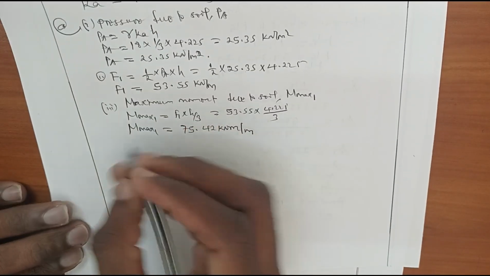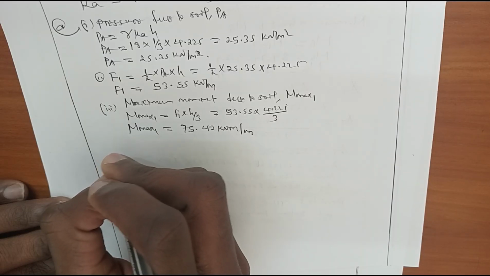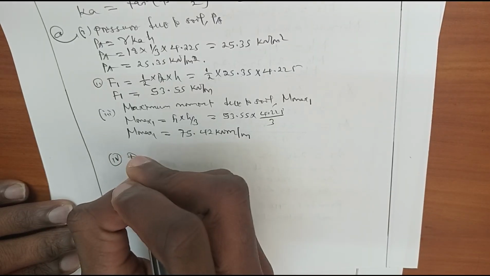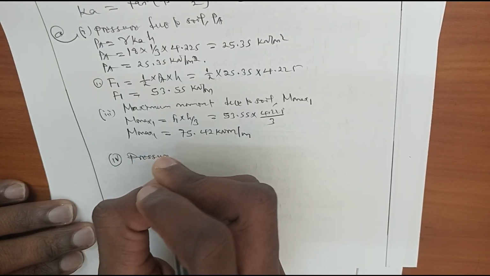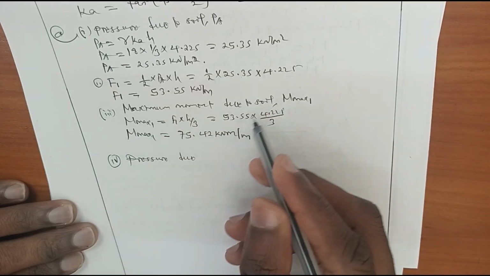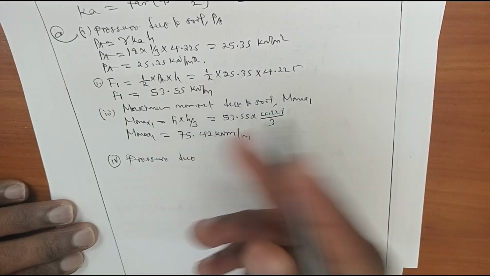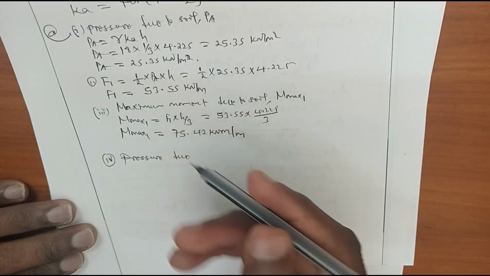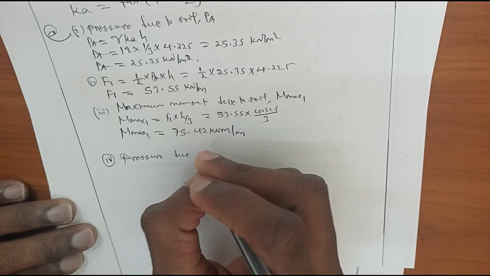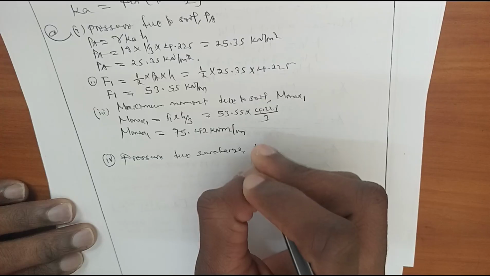Next is to determine the pressure due to surcharge. After that, we will combine the maximum bending moment due to soil and the maximum moment due to surcharge, and that will enable us to get the maximum moment for the stem wall. Now, let's find the pressure due to surcharge. This is PQ.